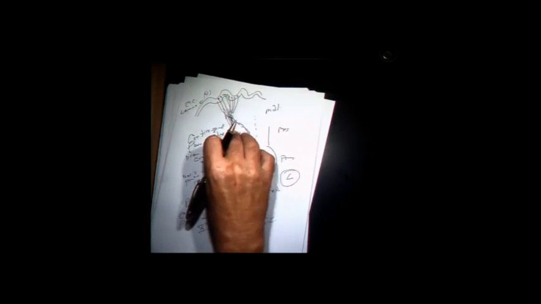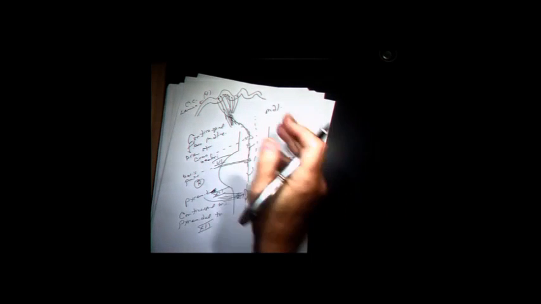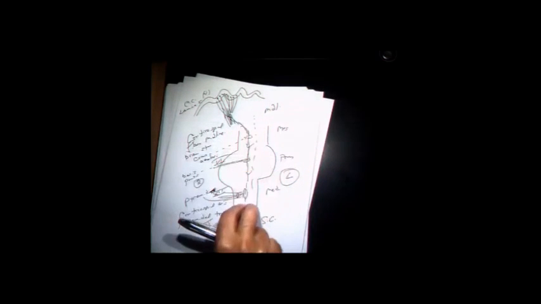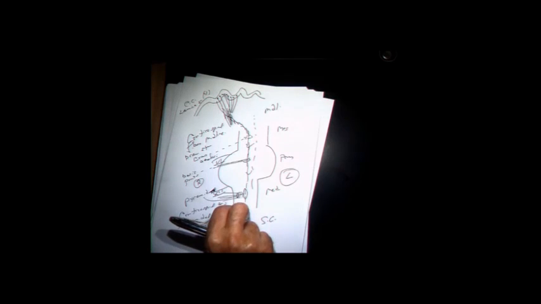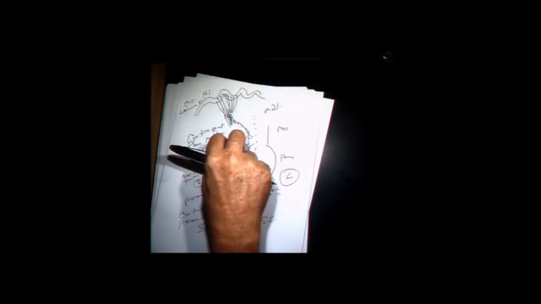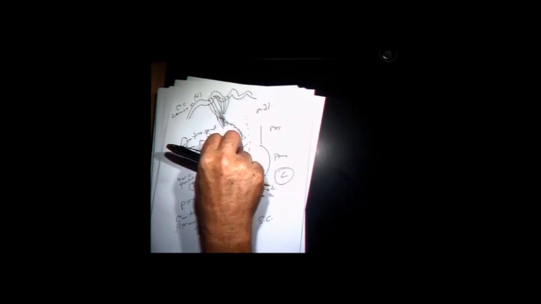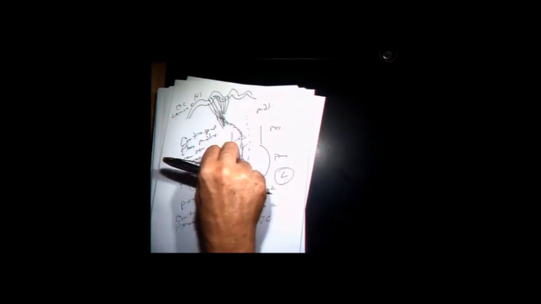Now, let's say I had a CVA, cerebrovascular accident, and as a result, the corticospinal tract is knocked out in the brainstem. That would have to be a blood supply problem to somewhere in the midline of the brainstem, right? That's where the corticospinal tract runs. Everybody agree with me?